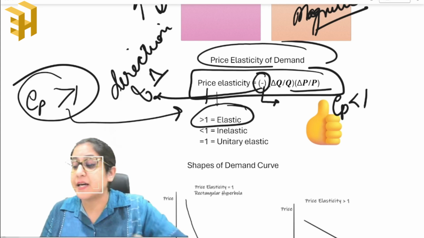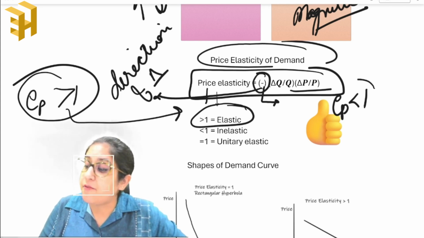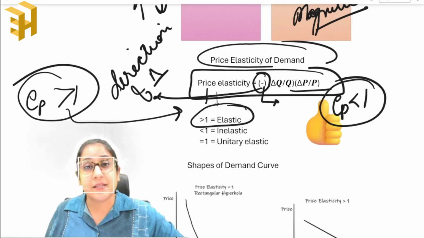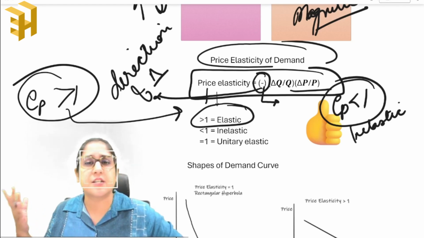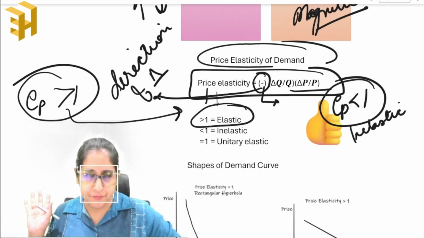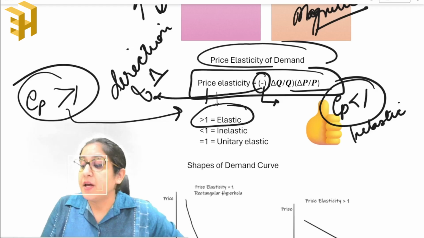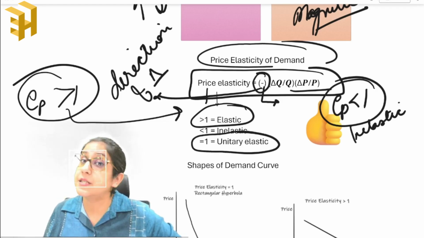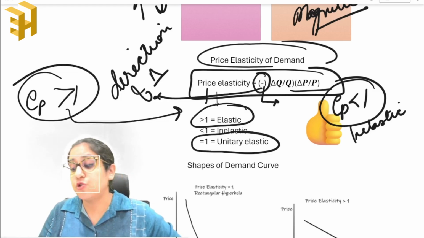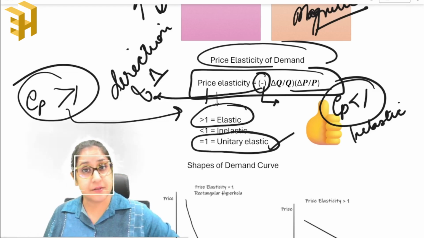So when the value of price elasticity is less than 1, your demand is inelastic. The consumer is not very much affected by the price of that commodity. But if the value of your price elasticity is equal to 1, it shows unitary elastic.